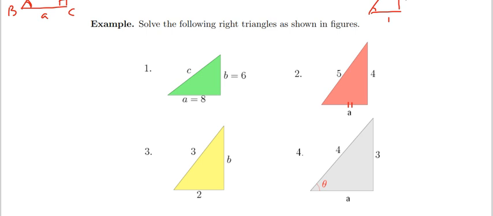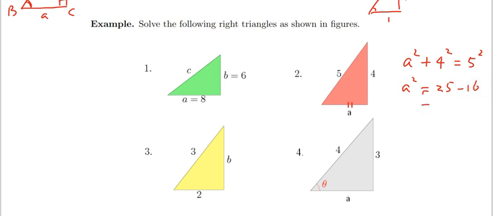So we just use A squared plus B squared equals C squared. Here B is 4 and C is 5, right? So we can find A squared equals 5 squared, 25, minus 4 squared. 4 squared is 16, right?